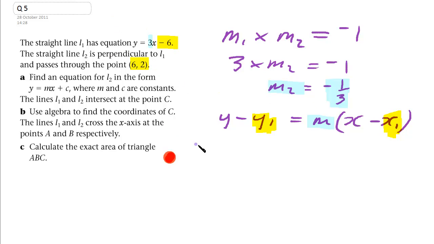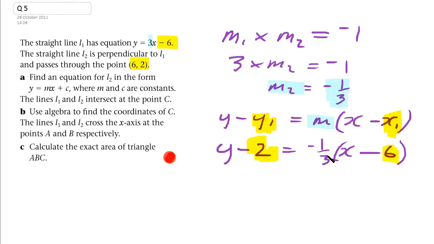So let's put those in. I'll get y minus a y value on the line, which is 2, equals m, which is minus 1/3, times x minus an x value on the line, which is 6. So let's highlight those so you can see where everything's coming from.